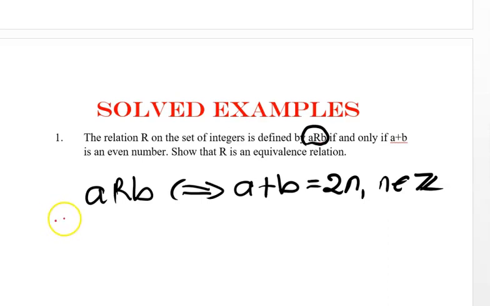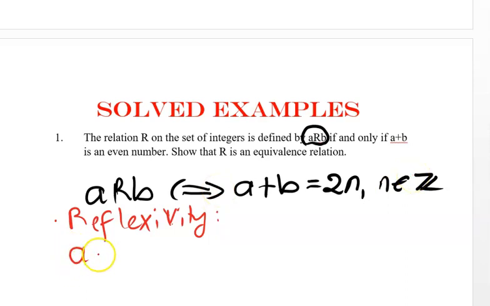Let's check reflexivity. Is it reflexive? We take any a in the set of integers. If a belongs to Z, a relates to a. According to this relation, a relates to b if and only if a plus b is a multiple of 2.